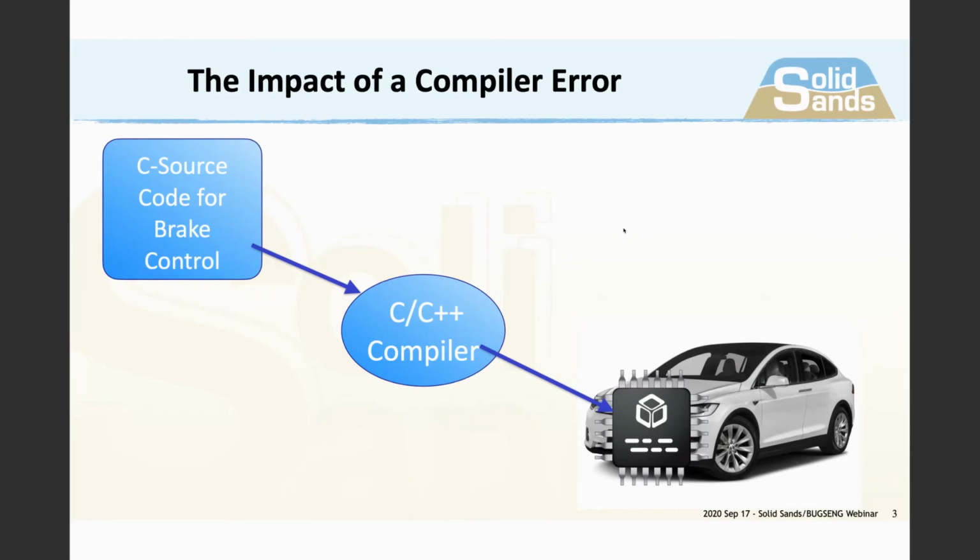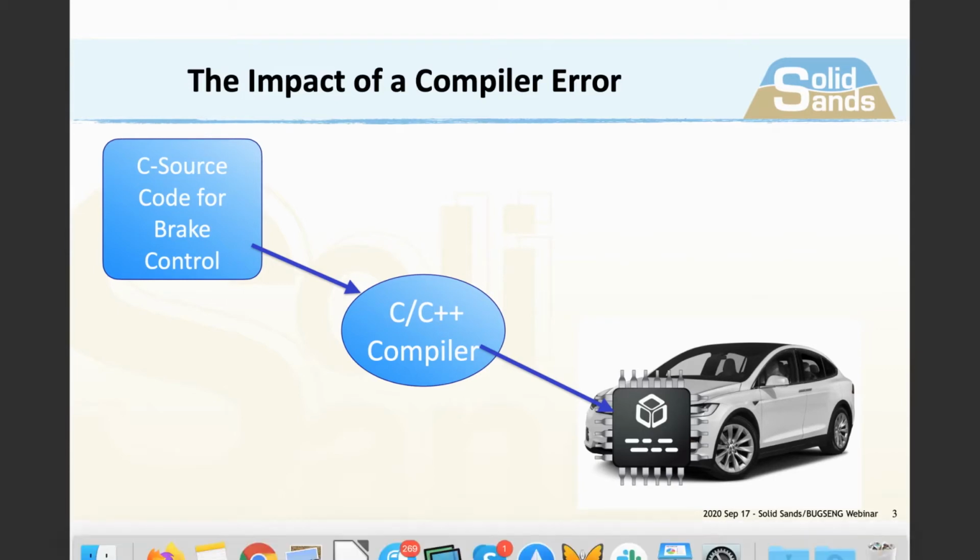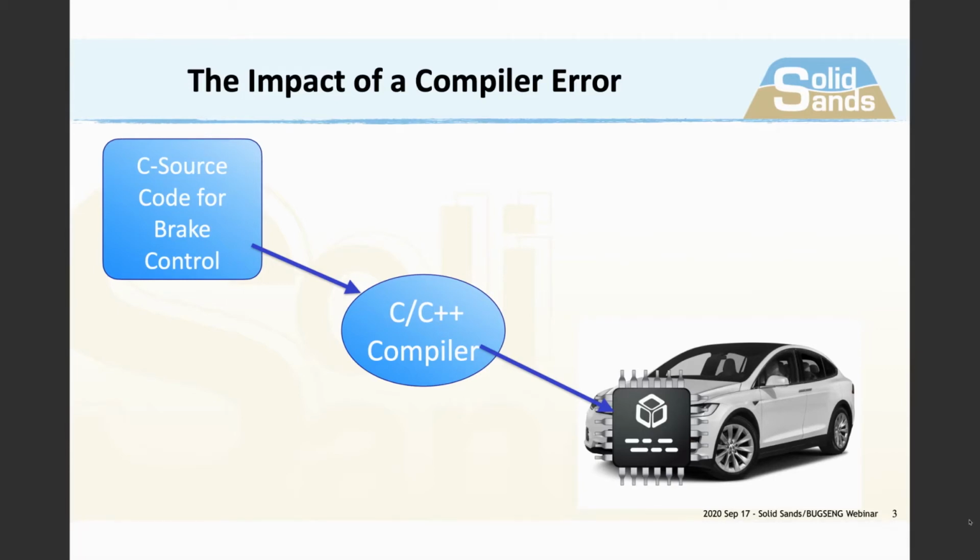Now, let's talk a little bit about the impact of compiler errors. If you're working on a safety critical application, such as maybe the controller for the brakes in your car, then it's obvious that you want this software to work perfectly, and you will put a lot of work into verifying that the source code of your application is correct and that the application works well.